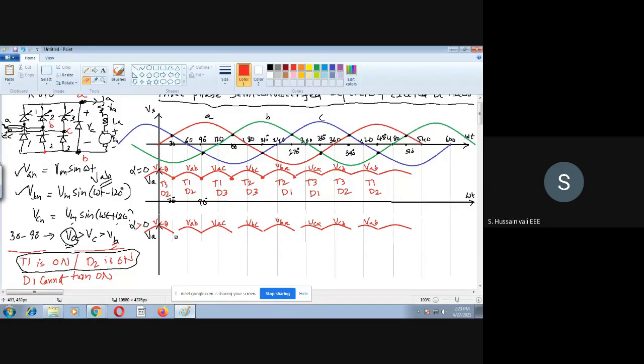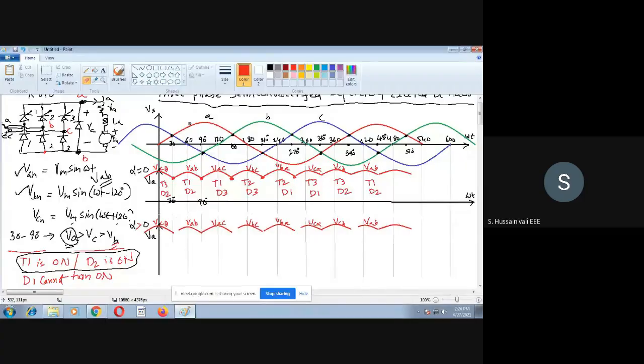In this small duration alpha, one important thing: you did not turn on thyristor 1 here, but thyristor 1 is still conducting. After this point the current will be there, but the output voltage you will find something like this.